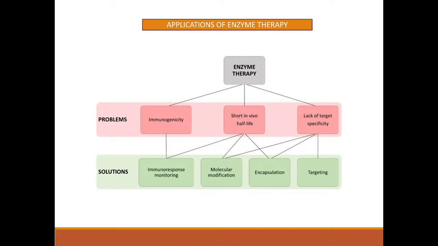If any response is there, anything happening to the innate and adaptive immunity, it can be taken down. Then come molecular modifications, encapsulation, encapsulating and giving so that it goes to the target and releases there. And last is targeting by nanoconjugates, nanoparticles, precisely.